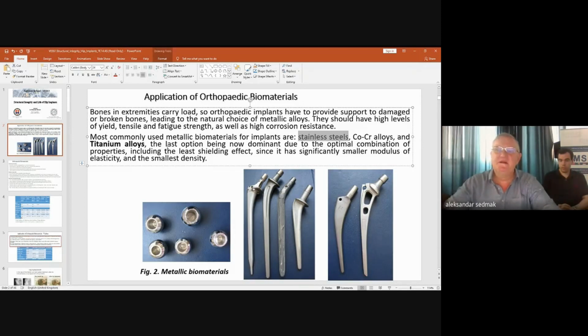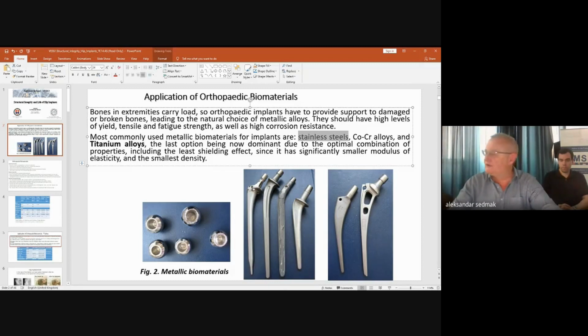Historically speaking, stainless steels and cobalt-based alloys were the first to be introduced. But then again, titanium alloys, which are the latest, are nowadays also the most popular and dominant.